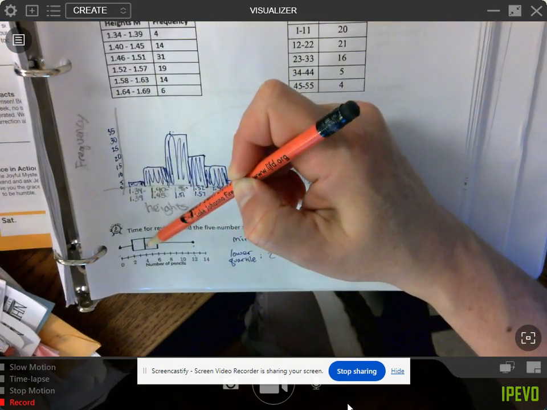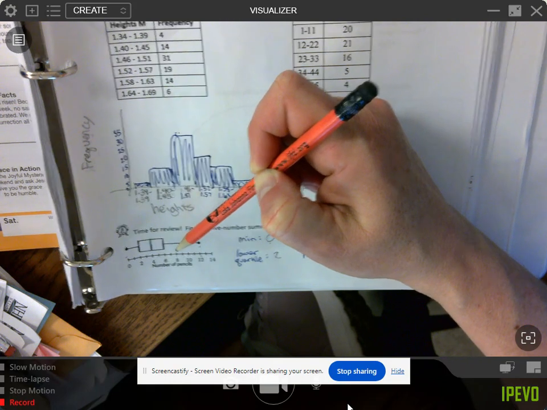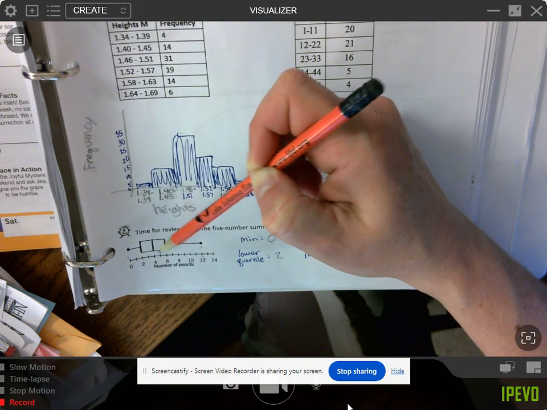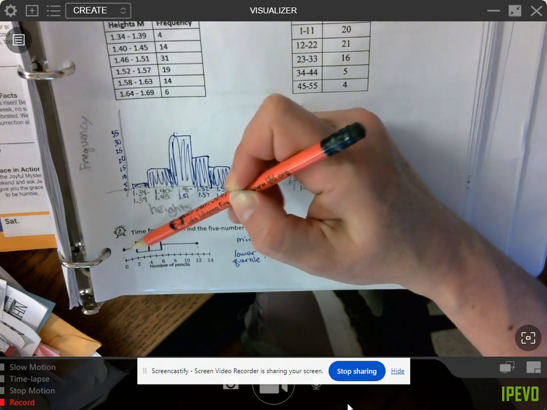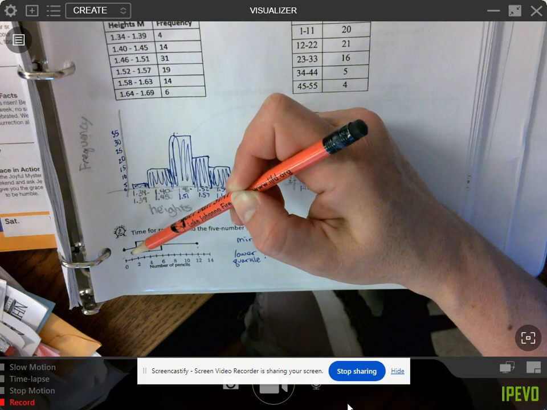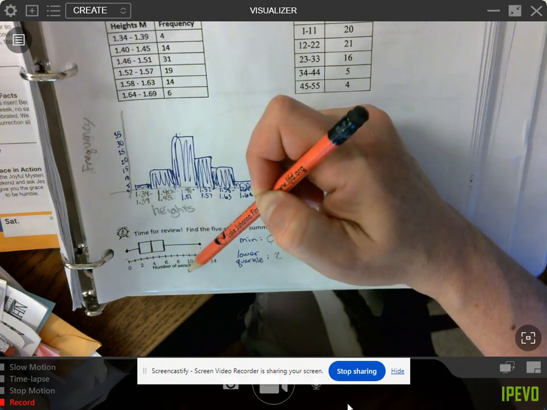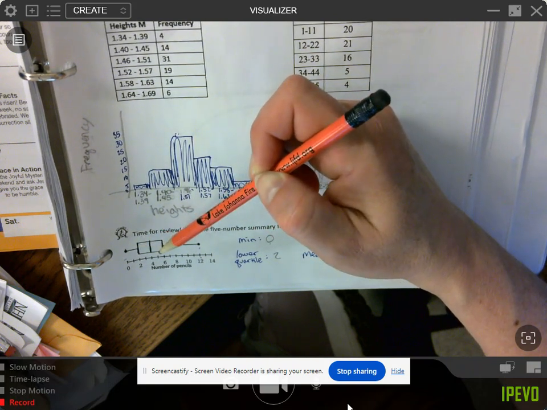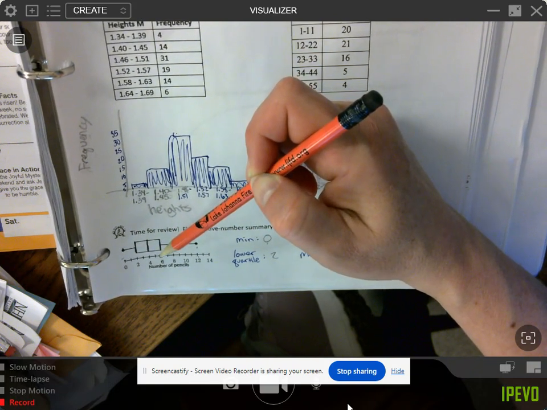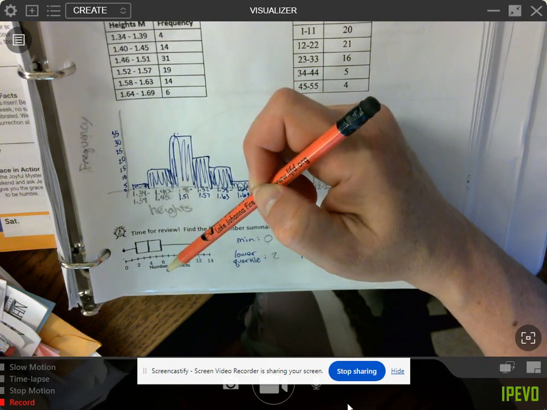Each of these sections has the same number of data points in it. Even though this whisker looks really long and this whisker is short, the same number of data points in there. So if we're looking at number of pencils, I'm guessing it might be something like, how many pencils does each person have?